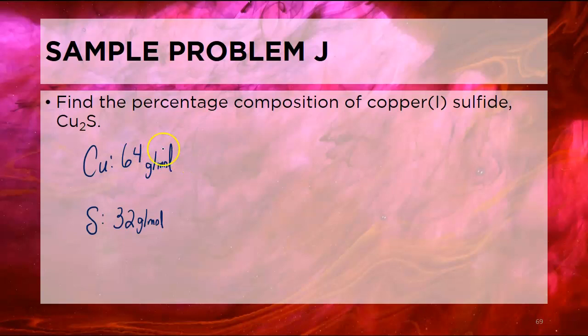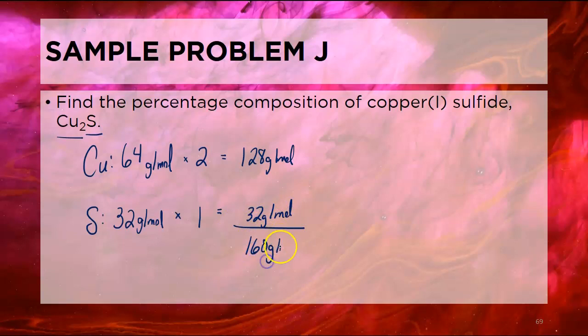And with copper 1 sulfide, there's Cu2S. So we have to multiply that by 2, multiply that by 1. So it's 128 grams per mole and 32 grams per mole, giving me a total of 160, right? So 128 out of the total and 32 out of the total.